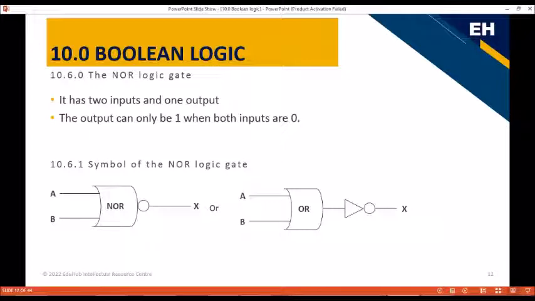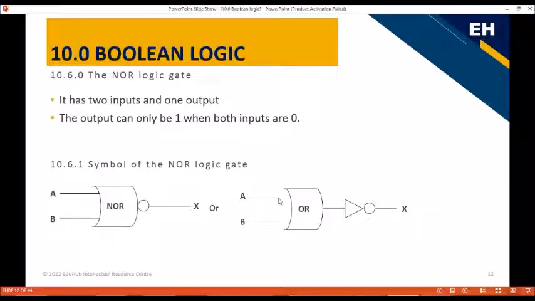0. So the symbol here is more like that of an OR gate, except that there is a kind of negation symbol, which is NOT, before the terminal output.